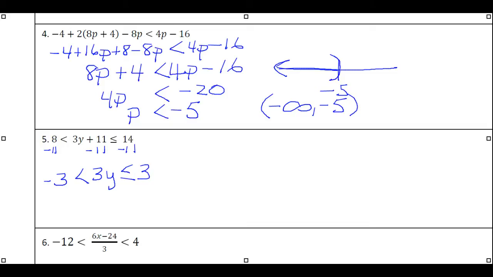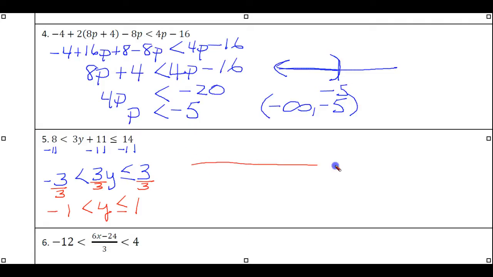Now to solve this, we're going to divide everything by 3, so we isolate the variable. So this is a negative 1 is less than y is less than or equal to 1.